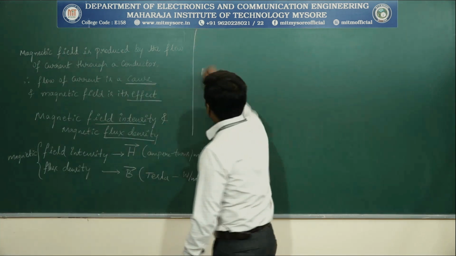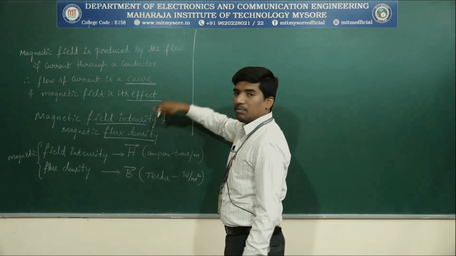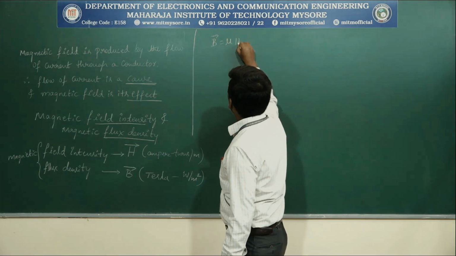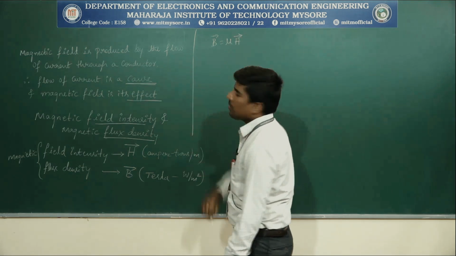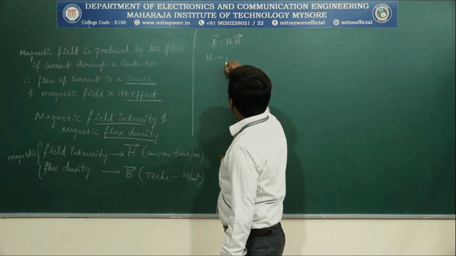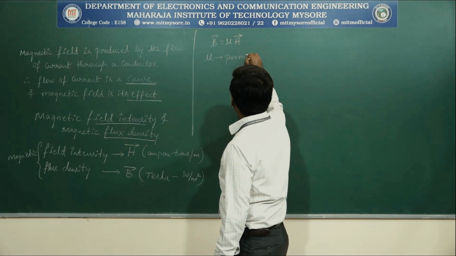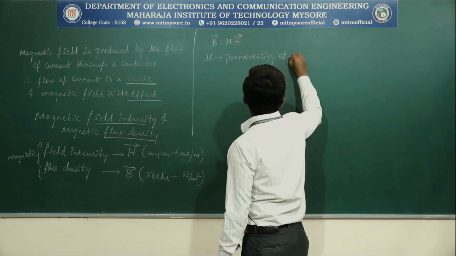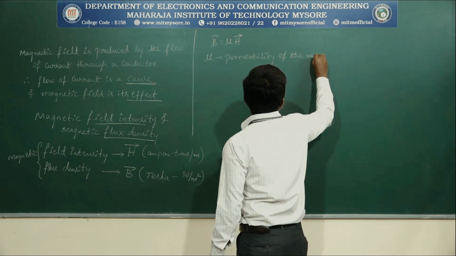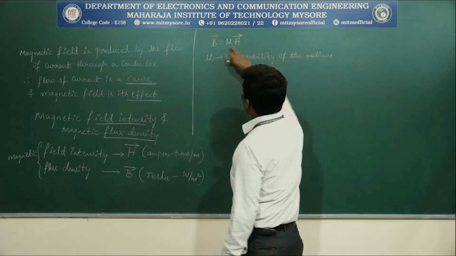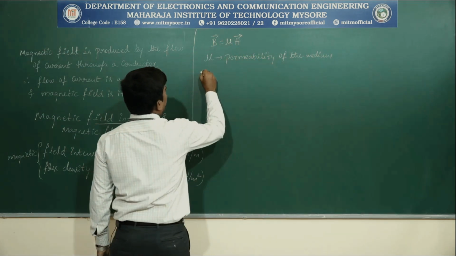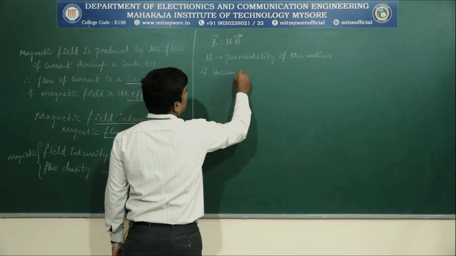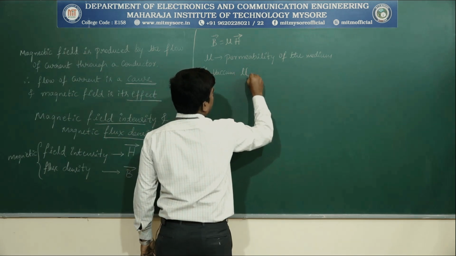The relationship between these two is B is equal to mu into H, where mu is the permeability of the medium. If the medium is vacuum, then it is mu naught.